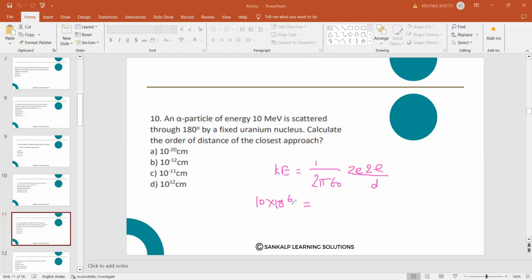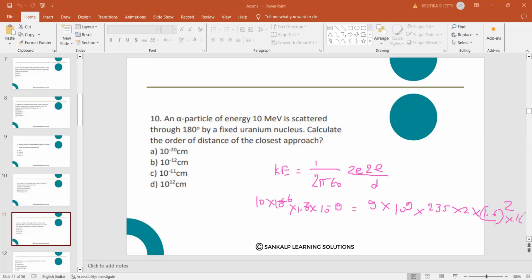Convert electron volt into joules, that is 1.6 into 10 raised to minus 19. It is 9 into 10 raised to 9, Z is 235, into 2, into 1.6 whole square into 10 raised to minus 19 whole square.